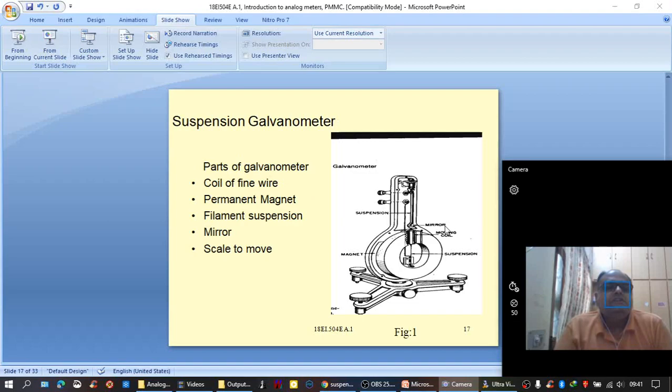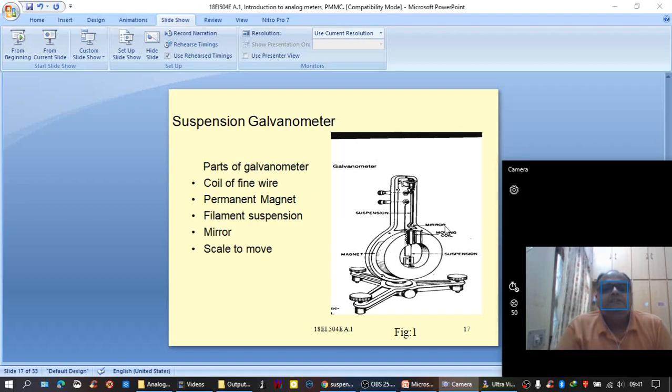Suppose when you are measuring a parameter and an instrument is connected to measure that parameter, say for example current, then the current is measured as pointer deflection over a calibrated scale.